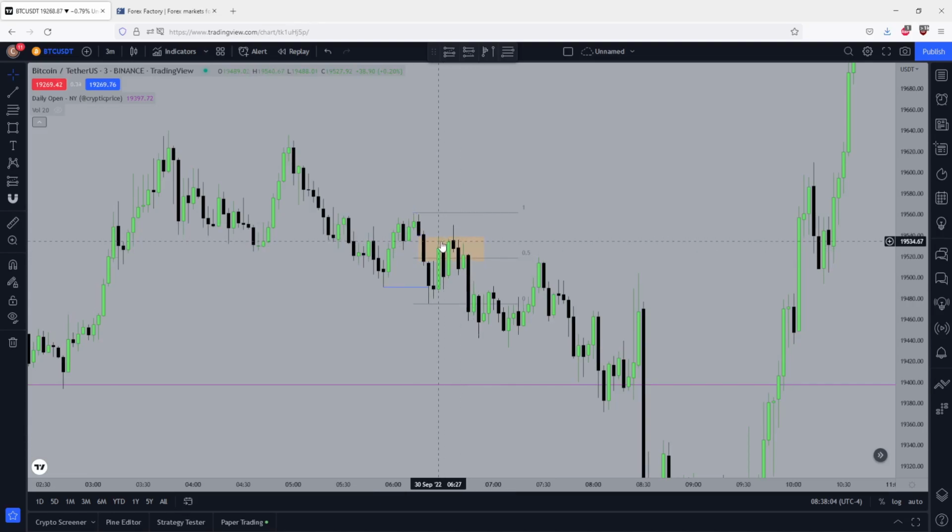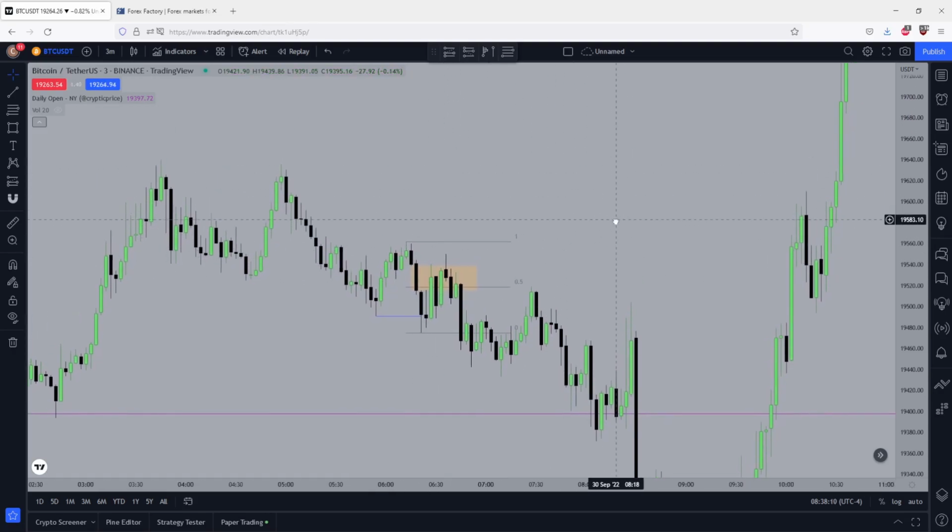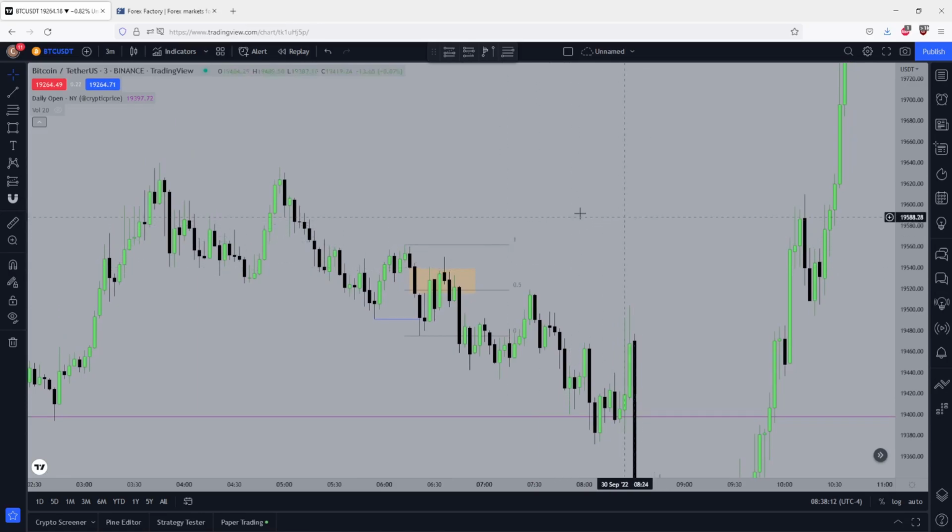The bodies of the candles right here respect this order block. These 2 up close candles are the order block, and if I put the cursor exactly on the bottom of this candle, we can see that the candles which pushed back into the fair value gap respect the order block.